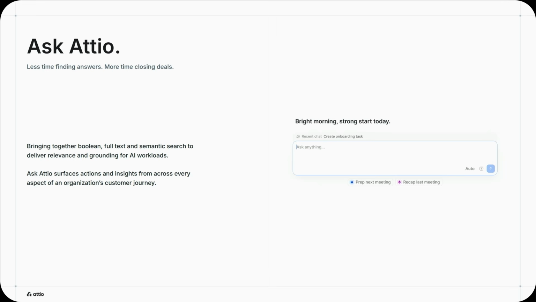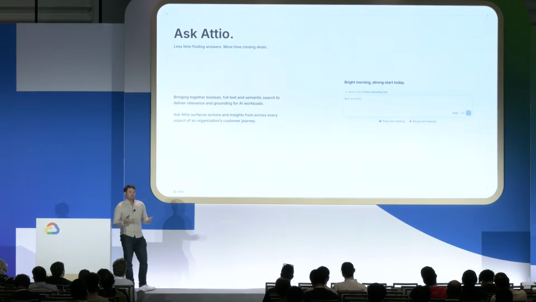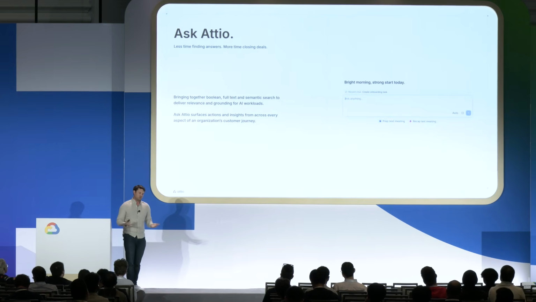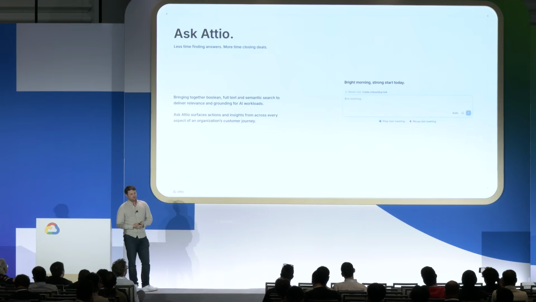And then we recently launched Ask Attio. You guys have spent the week at Next. You've heard a lot about agents. It's our agentic interface. It's our chat interface. And Ask Attio brings together all three of these modalities. So it's vector, full-text search, and Boolean search, as well as raw SQL queries, all inside of one single chat surface.